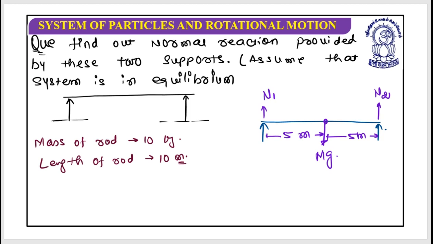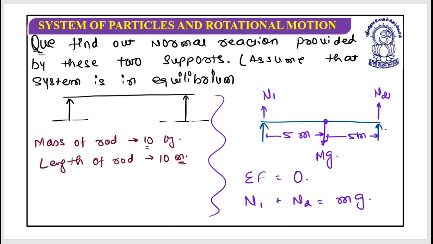So now let's understand first the translatory equilibrium. So sigma forces is equal to 0. If I write this, I get n1 plus n2 equal to mg. The mass is 10 kg, so n1 plus n2 equals 10 times 10, that is 100 newton.